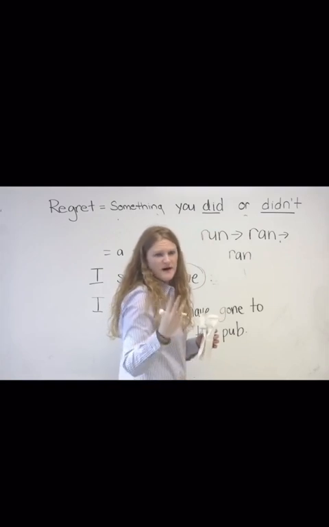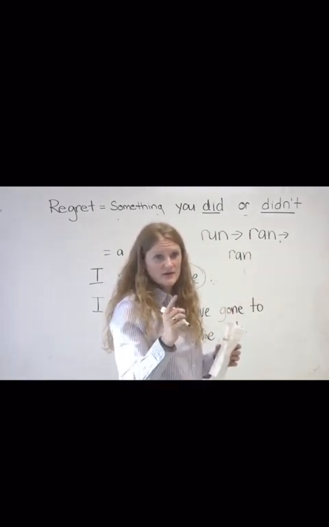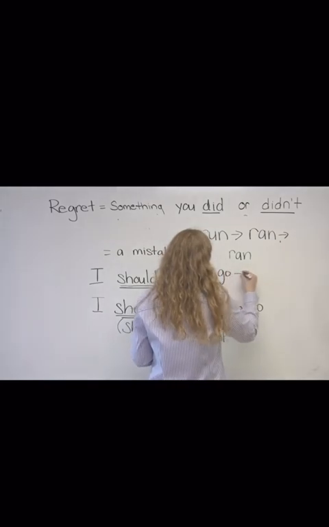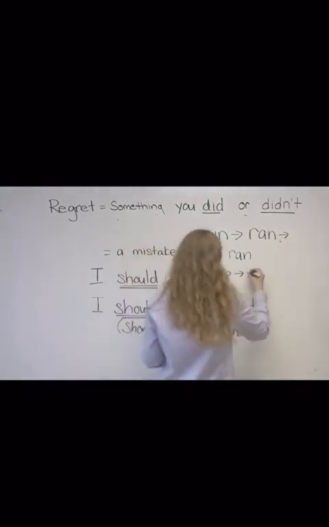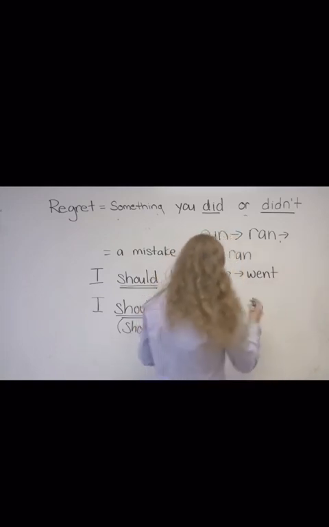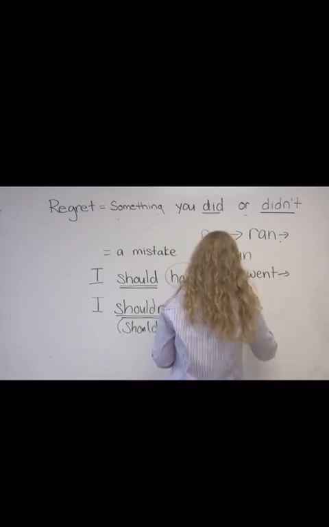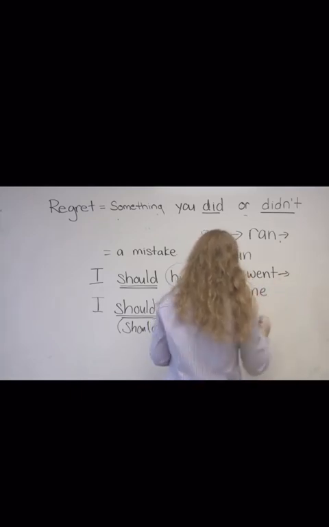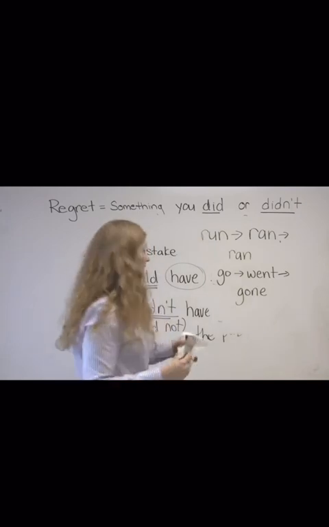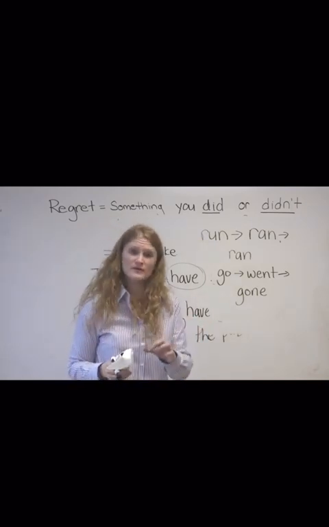I like to call it the third part of the verb. Another example is go, went, and then the past participle, gone. Okay? So when we're using regrets, we always have to use have plus the past participle of the verb.